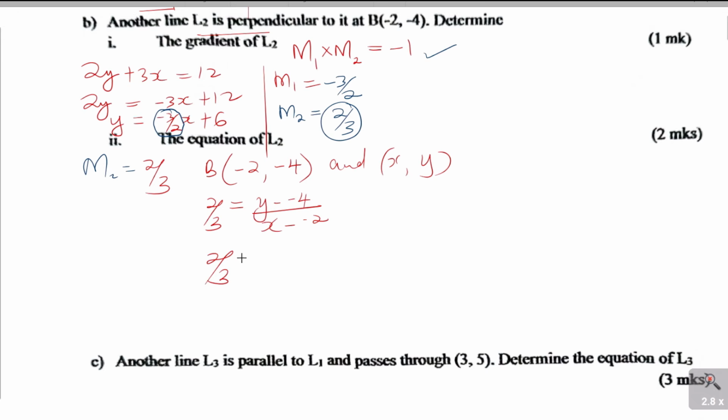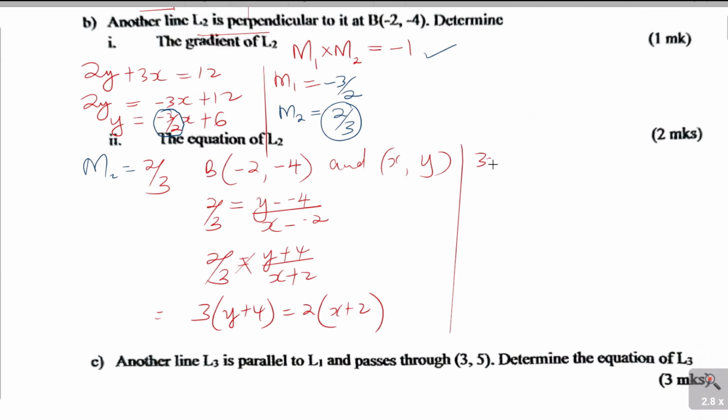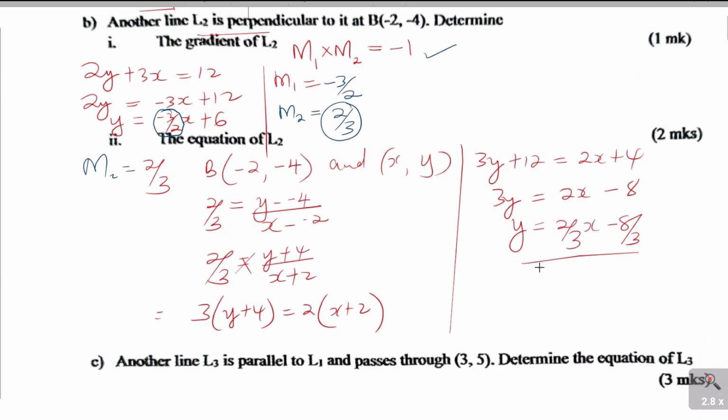This gives 2/3 is equal to y plus 4 divided by x plus 2. Cross multiplying, 3 multiplied by y plus 4 is equal to 2 multiplied by x plus 2. So 3y plus 12 is equal to 2x plus 4. So 3y is equal to 2x minus 8, and dividing every term by 3, you get y is equal to 2/3 x minus 8 over 3. So that is the equation of L2.